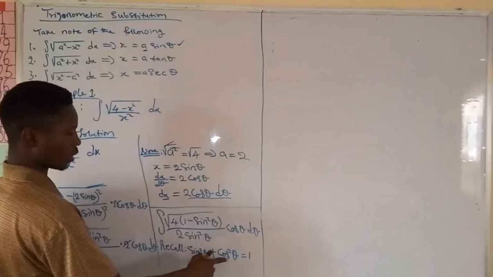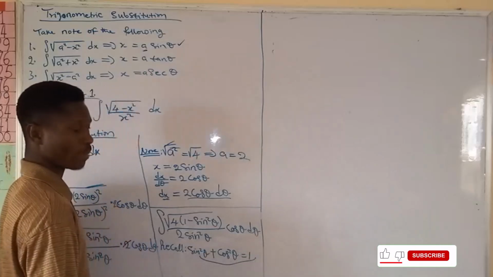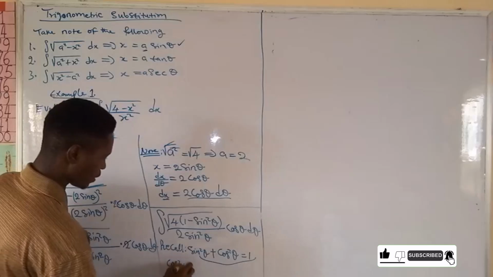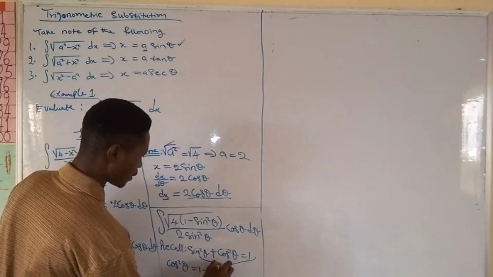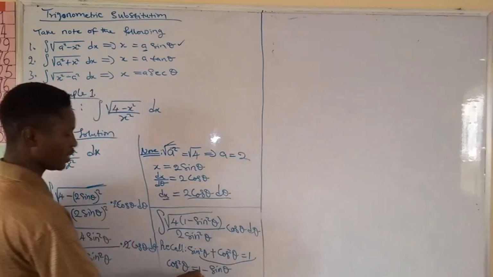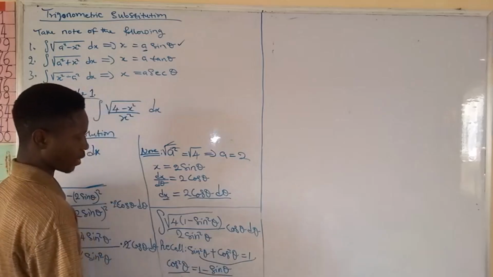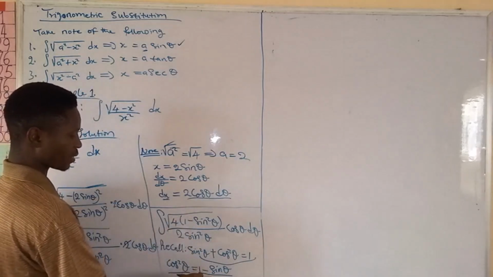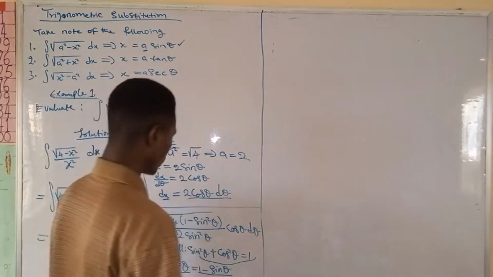So if we make cos square theta the subject, it means we are taking sin square theta this way and it becomes minus. So this will give us cos square theta equals 1 minus sin square theta. So this can represent this and vice versa. So we can replace this with this. Okay? So we're going to do that.